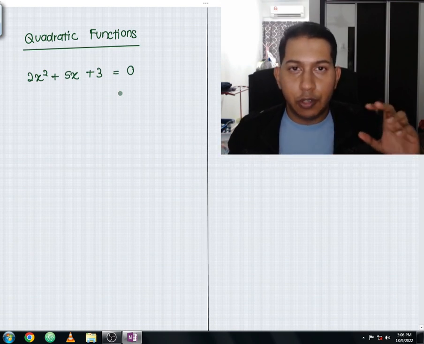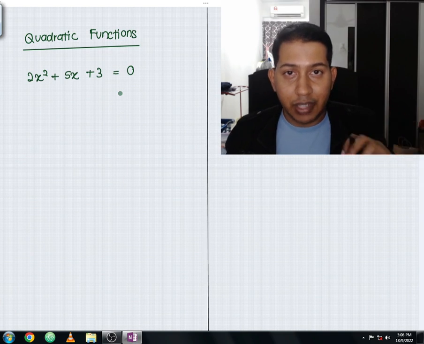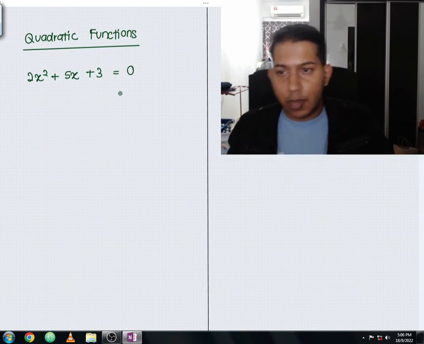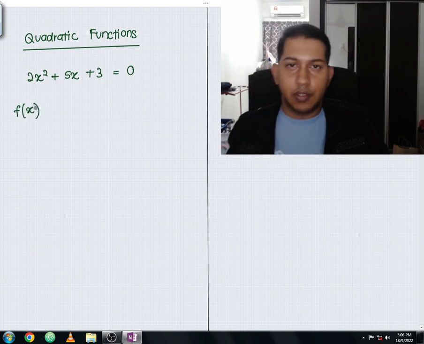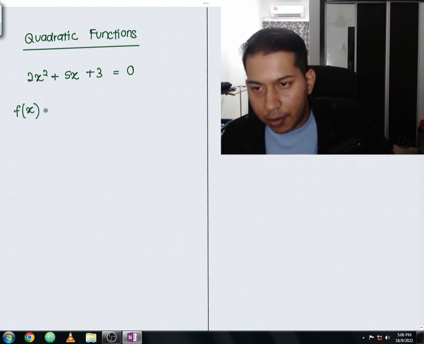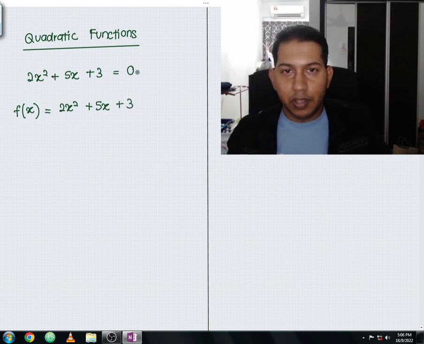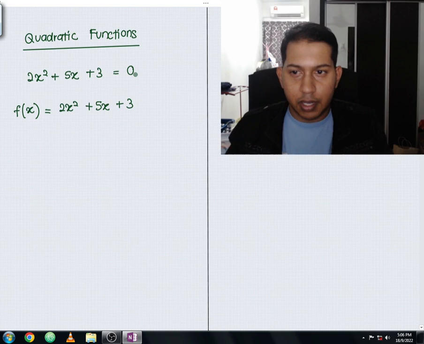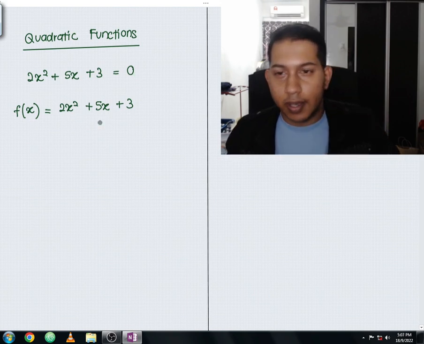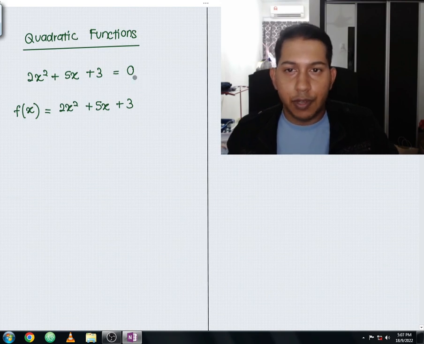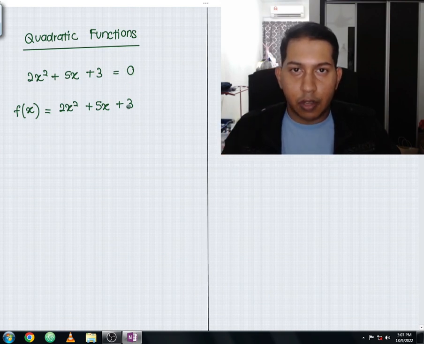The difference between a quadratic equation and a quadratic function is that we write f(x), representing the function, where f(x) equals 2x squared plus 5x plus 3. The top one is a quadratic equation, whereas the bottom one is a quadratic function. So this is the obvious difference between the two.